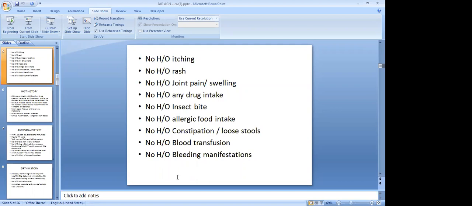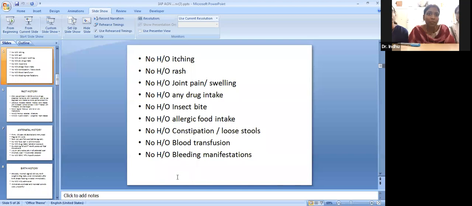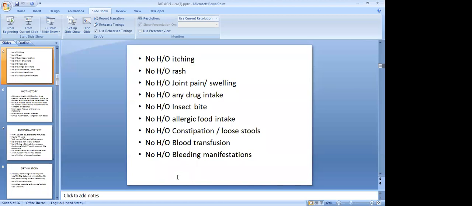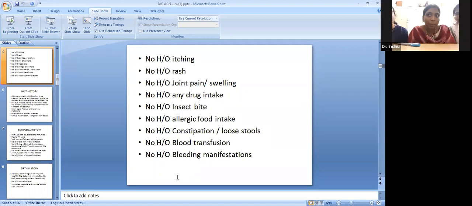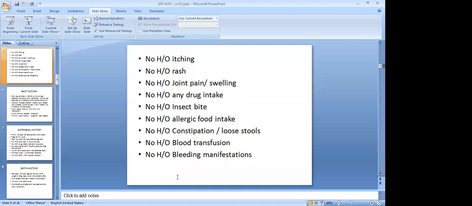So, what is the typical distribution of a rash of HSP? They are lower limb predominant rash. Typically the mother will also say it is lower limb predominant, usually symmetrical, bilaterally symmetrical, and it extends up to the gluteal region. So that is a typical history.